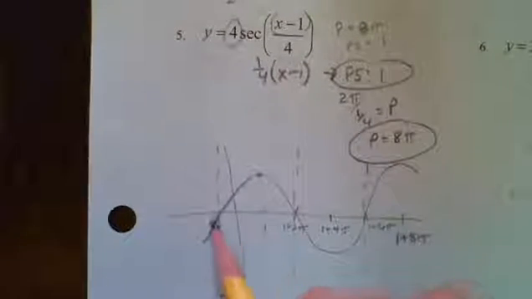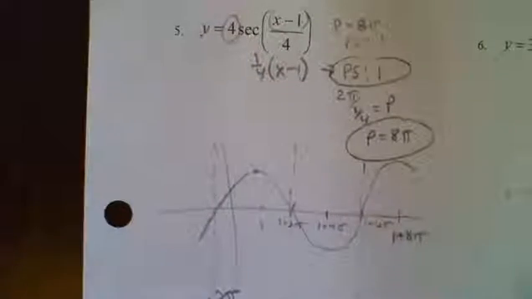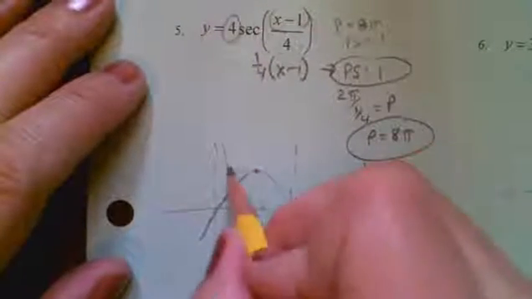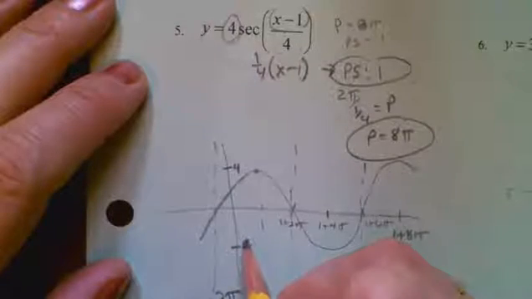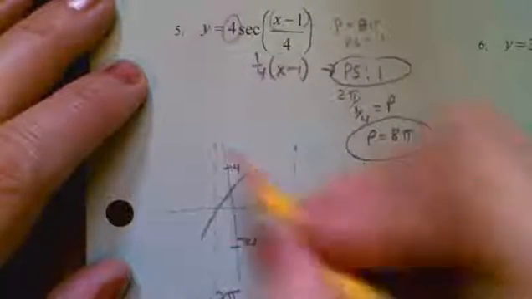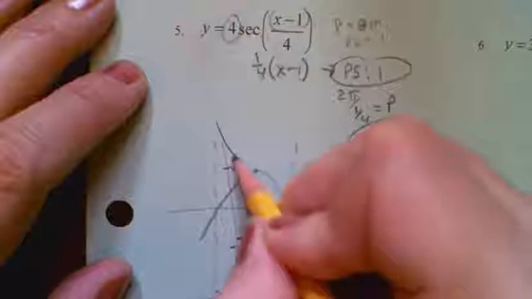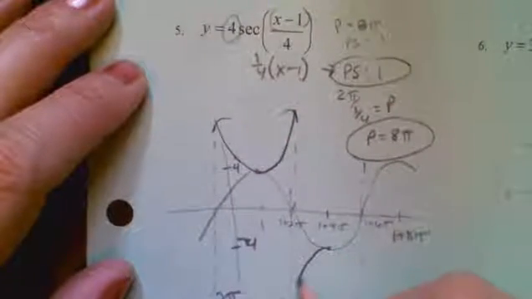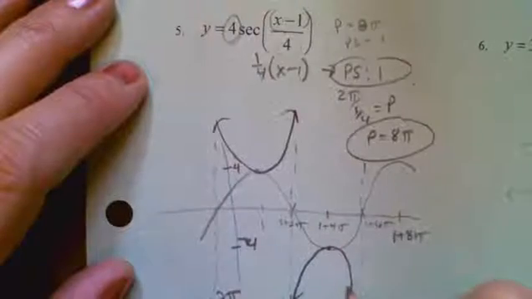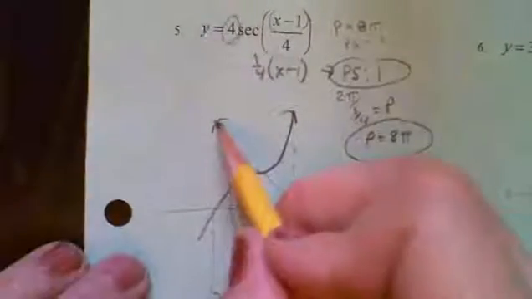I was at 1, I just subtracted 2 pi to get to here. And this was at 4 and negative 4. And now I just need to flip these. This comes down and touches that graph and goes back up. Here's the minimum here, it touches there. And there's one period, this and this.